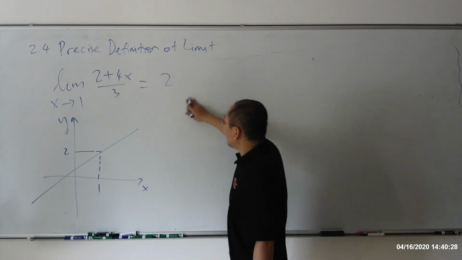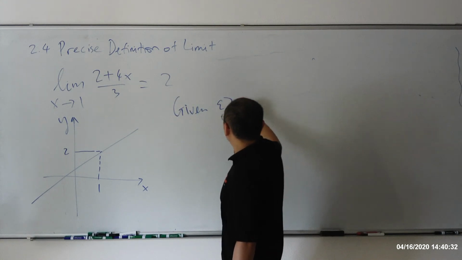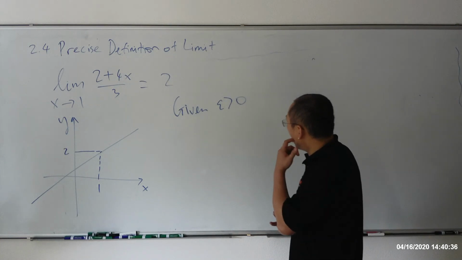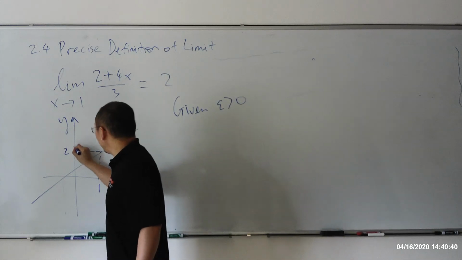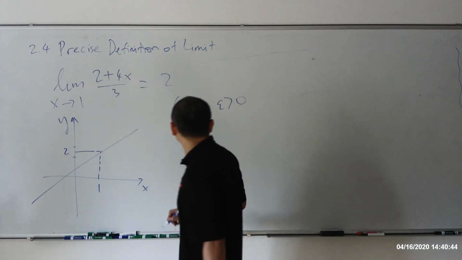So, first of all, given any epsilon greater than 0, I want to have epsilon in here, a little bit more than 2, a little bit less than 2 right here, right?